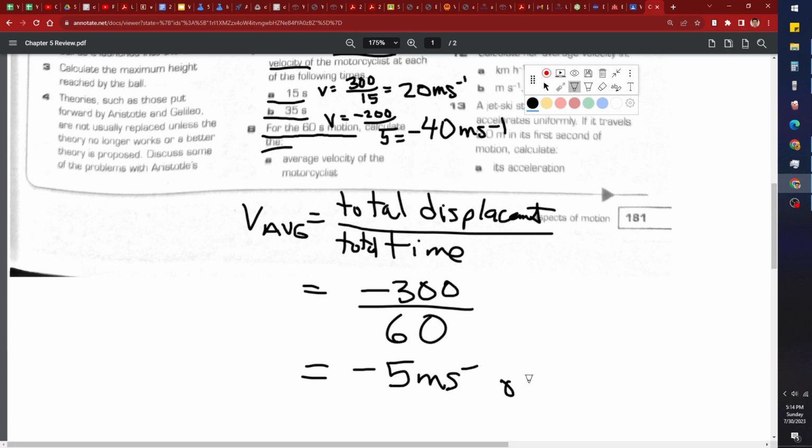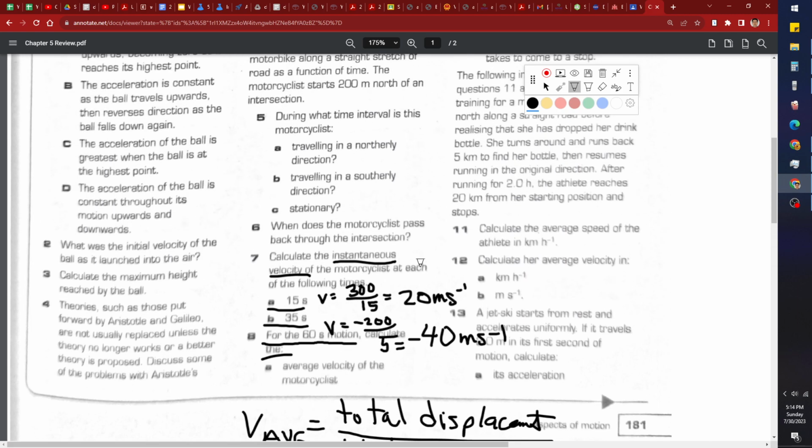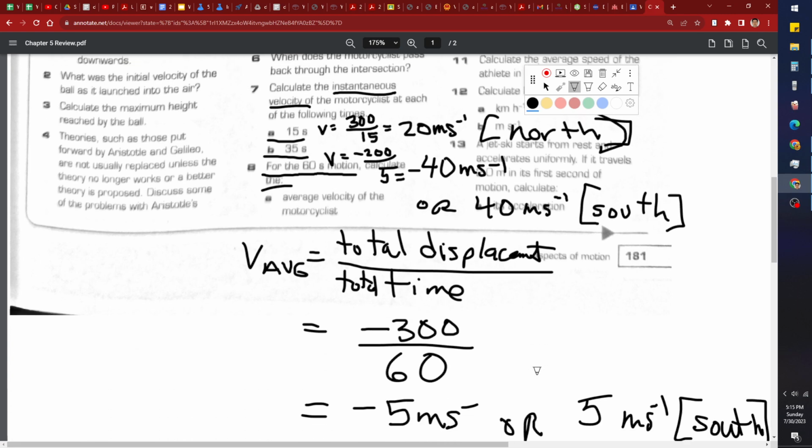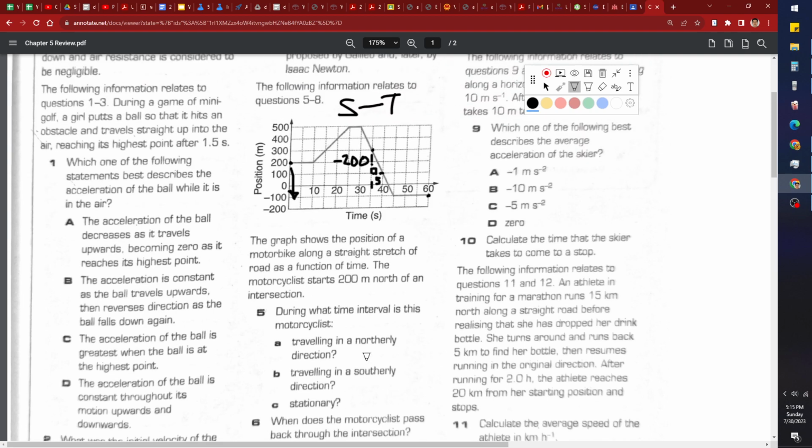Or you can write that as 5 meters per second south, because there is a direction in the question. If it's a negative value, you write the positive value, and then you write the direction which is opposite that positive direction, north. Okay, so we're done all the way there.